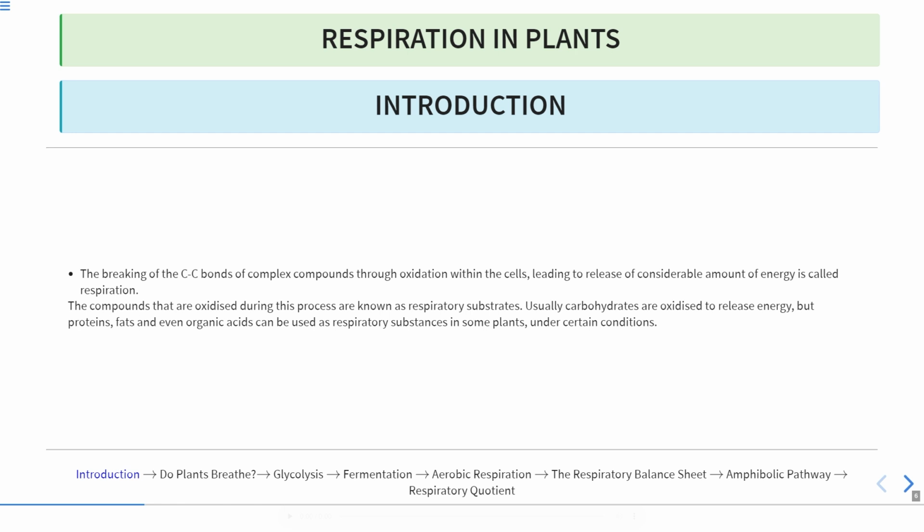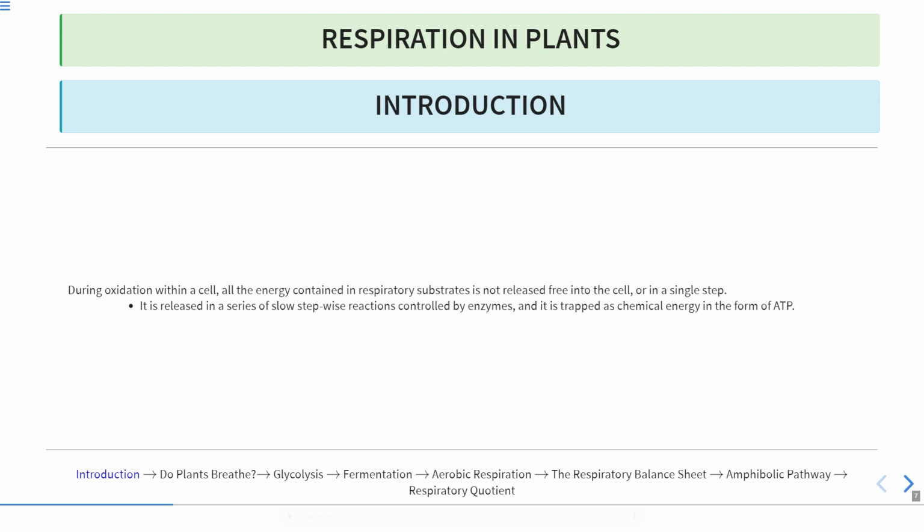So not only glucose is used, but also proteins, fats, and other organic acids, in some plants under certain conditions. But basically, carbohydrates are the first option that get oxidized. That is called the respiratory substrate.